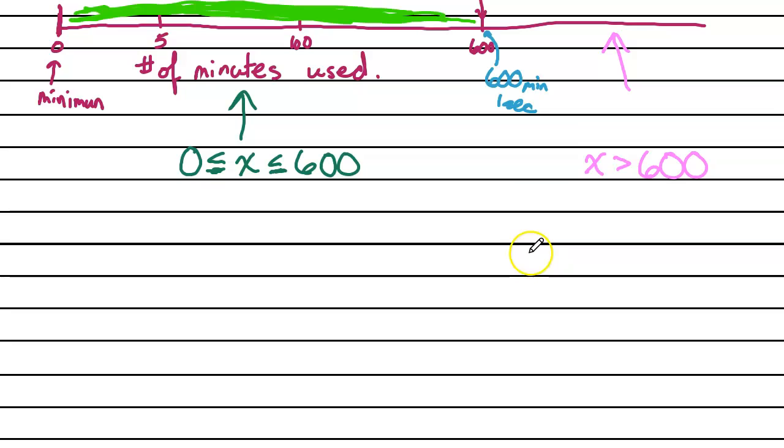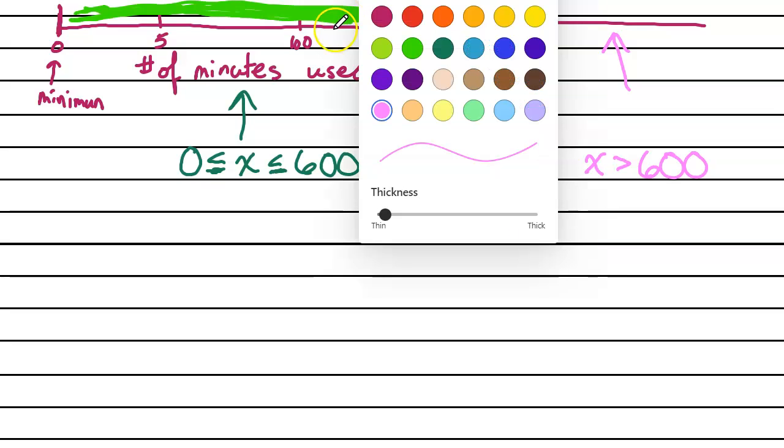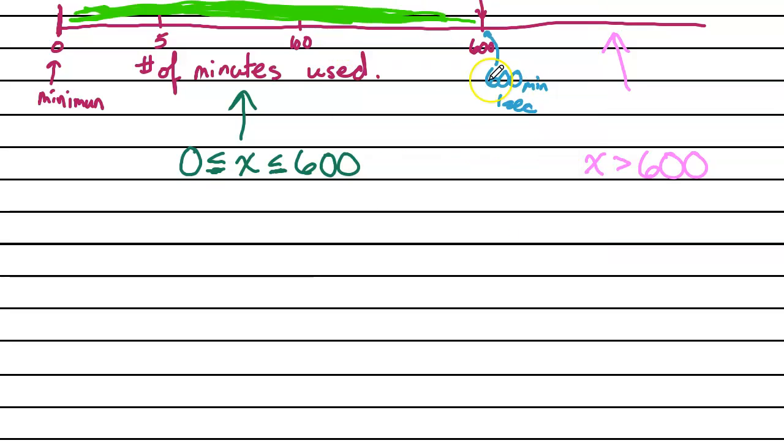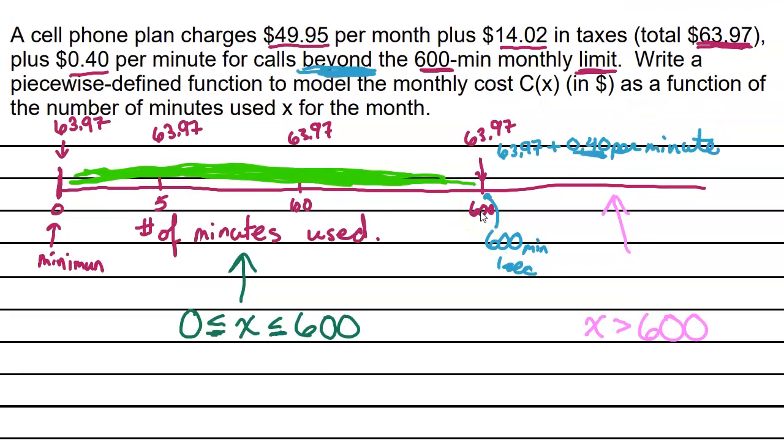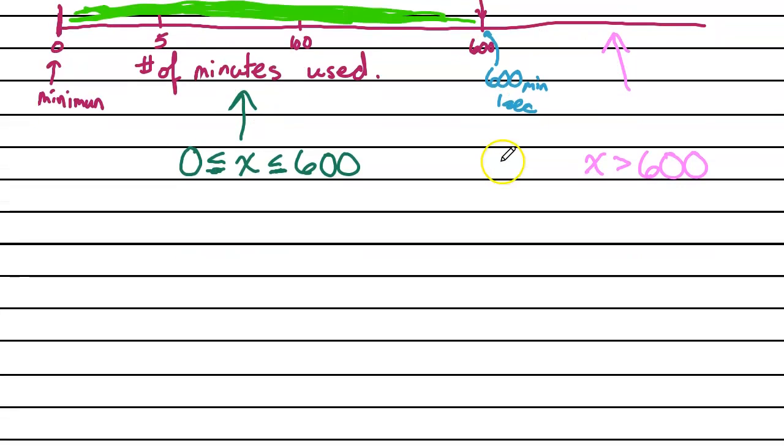Now the question is how do we write the actual function? We're told that our function name is c of x, so the c represents our cost of the number of minutes.